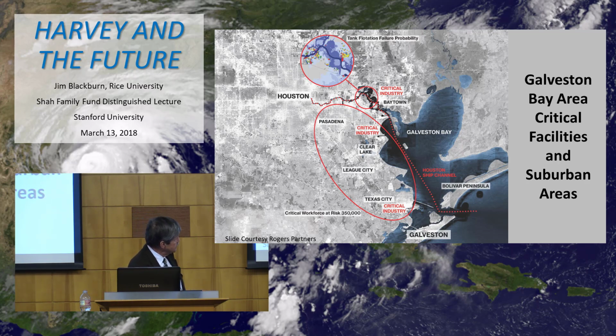The Ship Channel goes out to here. Galveston's down here. This is an industrial area, this is an industrial area, and this is all industrial. Probably 7 major refineries, 200, 300 chemical plants in this complex, plus several 100,000 people living in the Clear Lake, League City, Texas City, Galveston corridor.